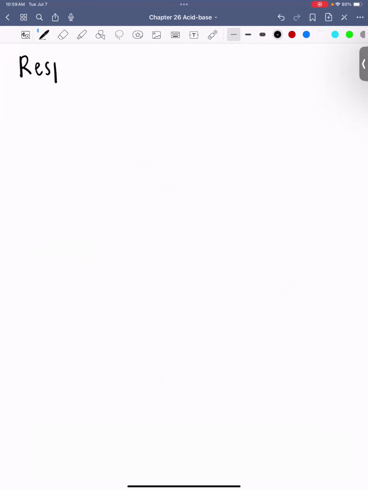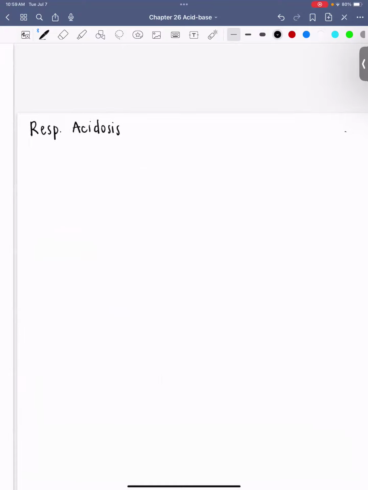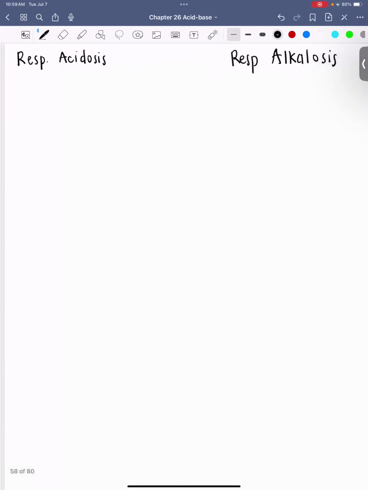So now let's look at some of these abnormalities. We talk about respiratory and metabolic acid-base imbalances or disturbances. We're going to look at respiratory acidosis and respiratory alkalosis first, and then we'll look at the metabolic disorders.